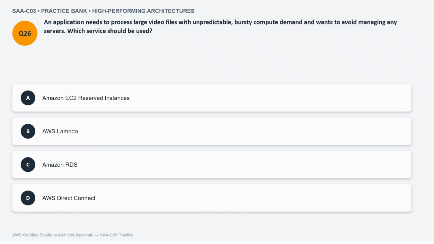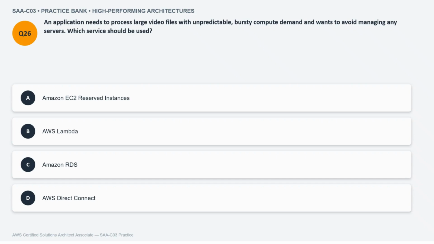Question number 26. An application needs to process large video files with unpredictable bursty compute demand and wants to avoid managing any server. Which service should be used? Amazon EC2 Reserved Instance, AWS Lambda, Amazon RDS, or AWS Direct Connect.